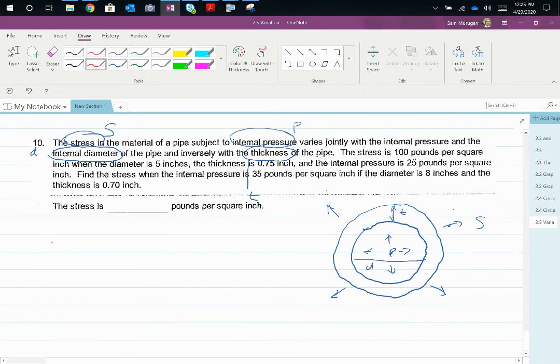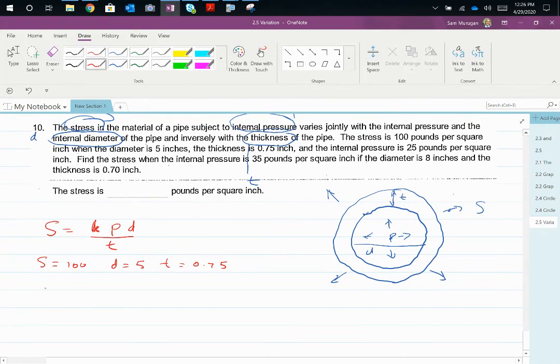So let's write the variation. S varies jointly with the internal pressure P and the diameter, and inversely with the thickness. Now when S is equal to 100, this is from the problem, D is equal to 5 and T is equal to 0.75.